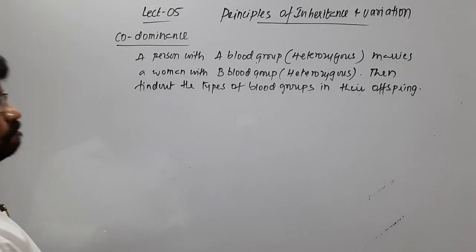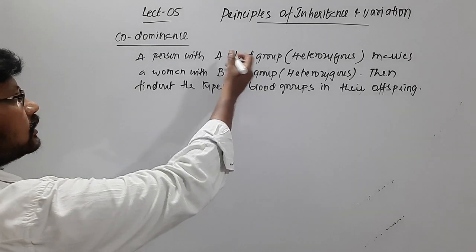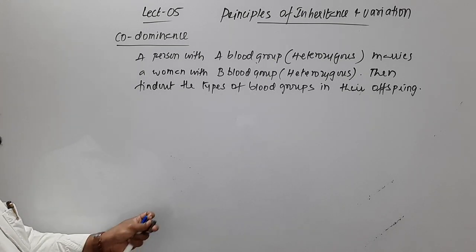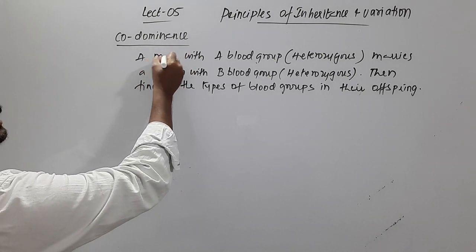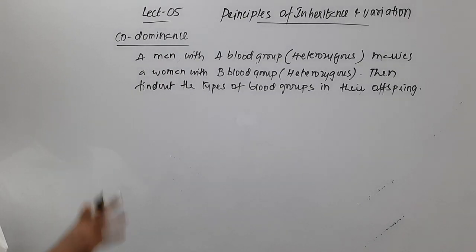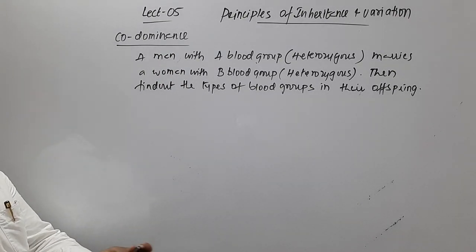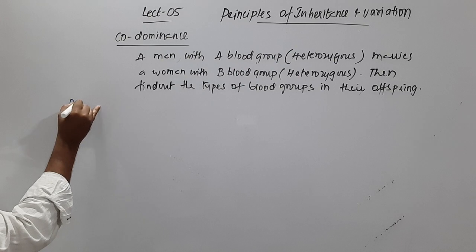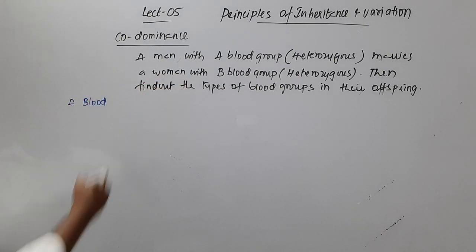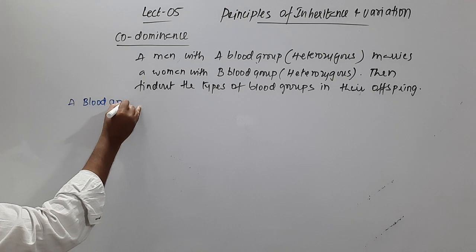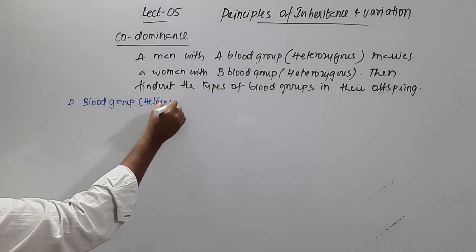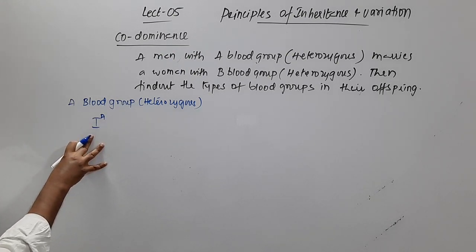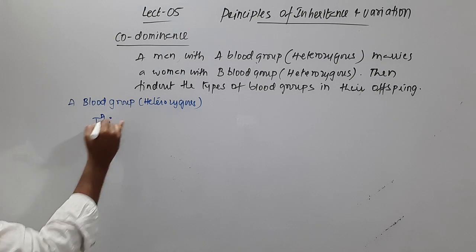So let's see. Here first, what was mentioned: a man with A blood group marries a woman with B blood group. Both are heterozygous conditions. So for A blood group, heterozygous condition, I need to take capital IA and small i.